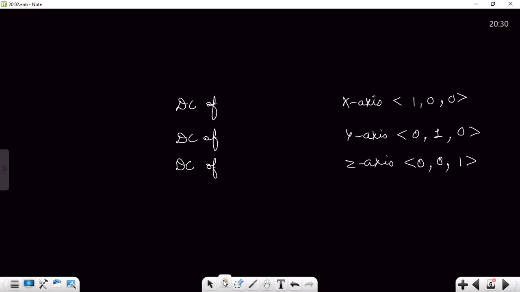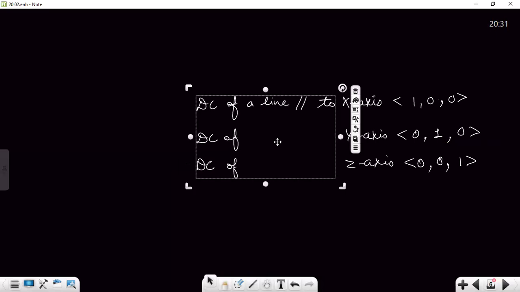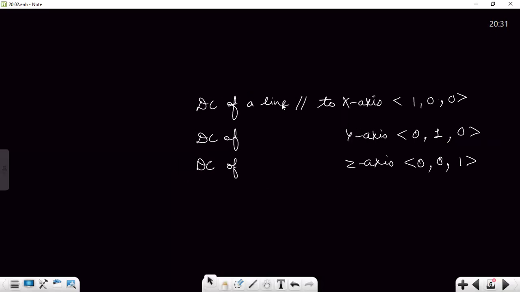So the direction cosines of a line parallel to the x-axis should be the same as the direction cosines of the line that is the x-axis itself, right?